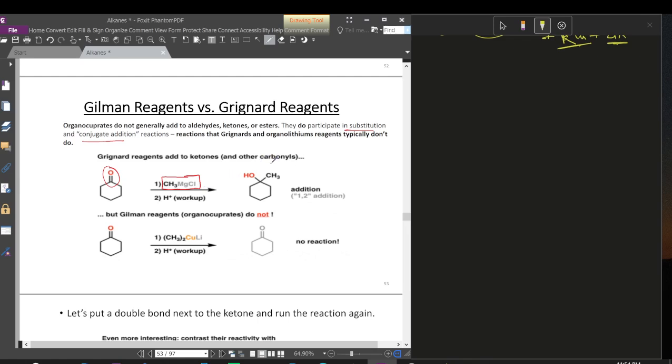and others, it can be some other carbonyl groups, that means the effective structure of the molecule is C=O. If you add this with Grignard reagent, this will react, and this reaction will be an addition reaction. So this is our product.